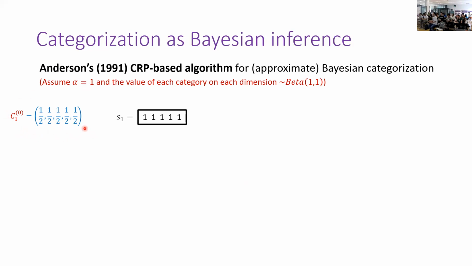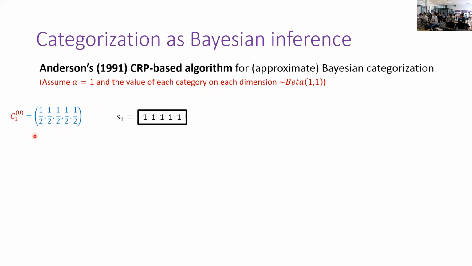So what we see here is we have some assumptions like we just saw: assume alpha equals 1, and the value of each category on each dimension is sampled from a beta(1,1) distribution, a uniform distribution. So now we see the stimuli come one by one. The first stimulus is 1, 1, 1, 1, 1 on the dimensions.